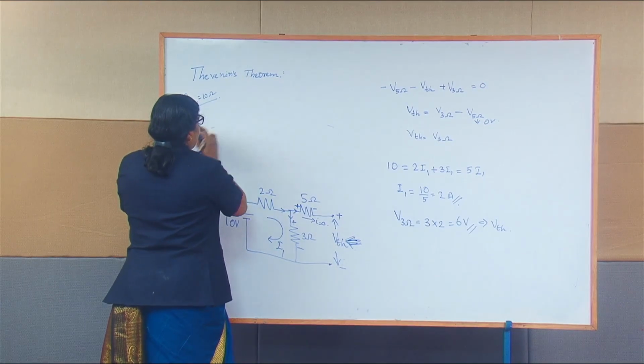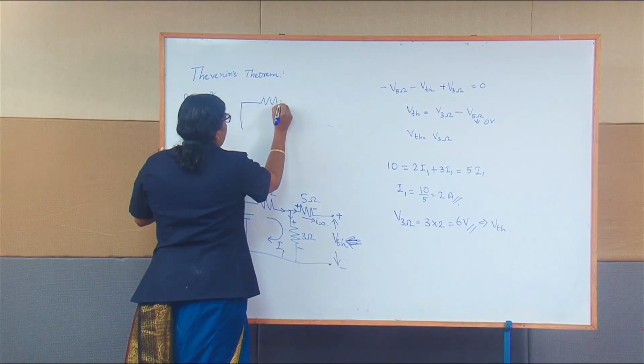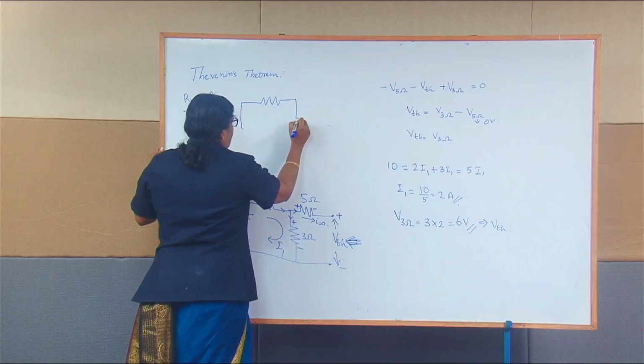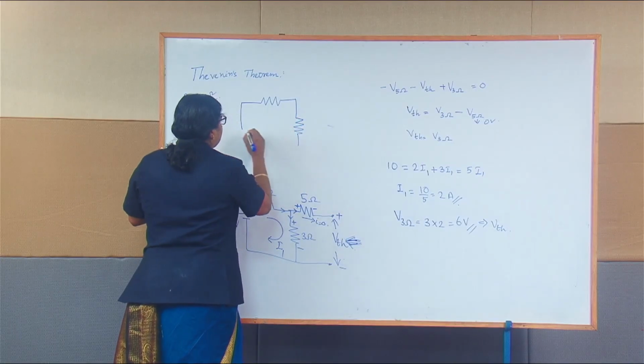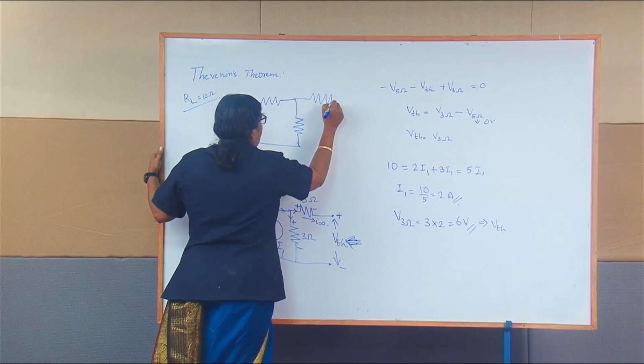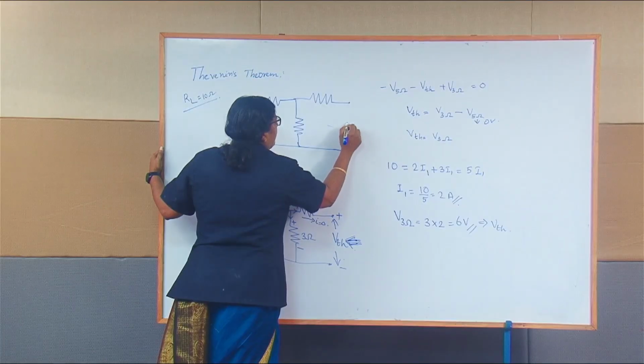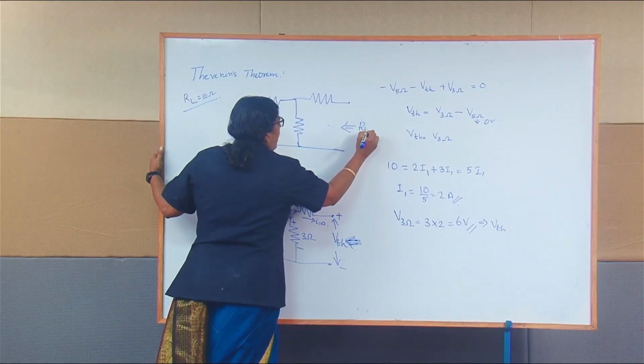So I'm short circuiting the voltage source, and with 2 ohm, 3 ohm, and 5 ohm, from the load terminal I am looking back. So that is your R Thevenin.